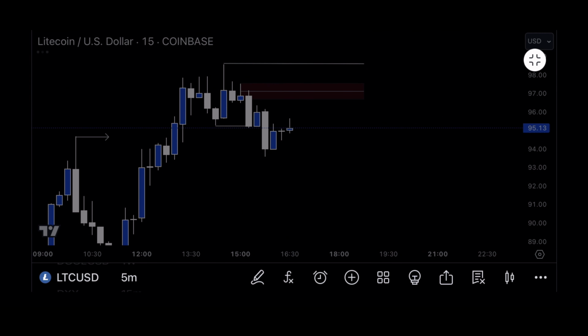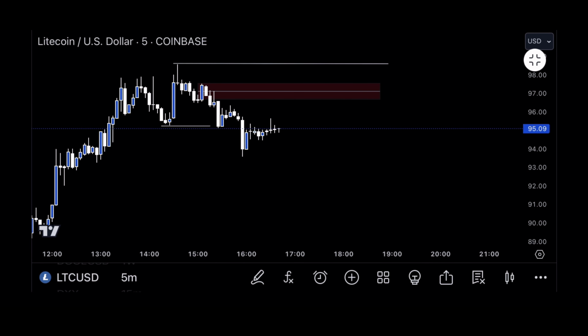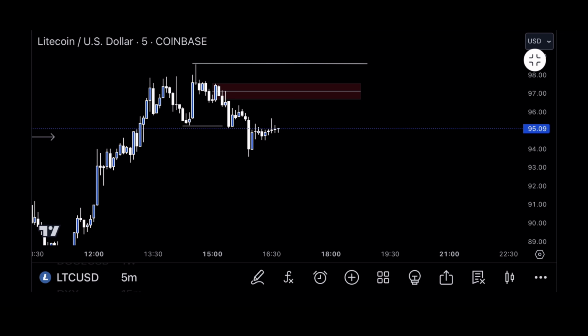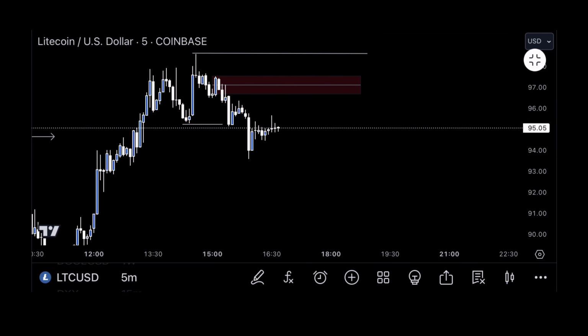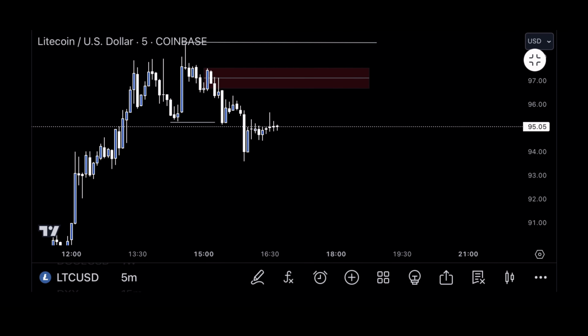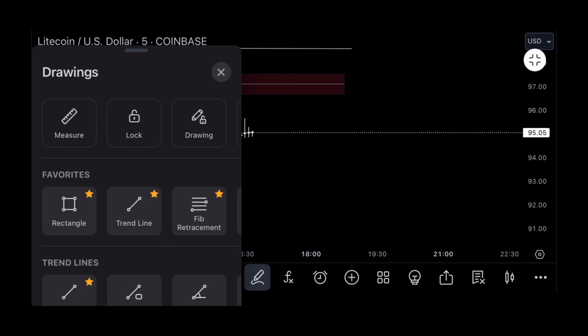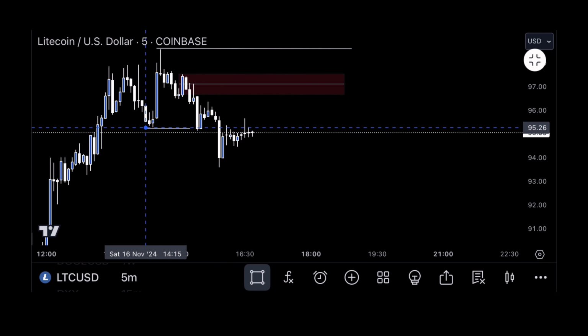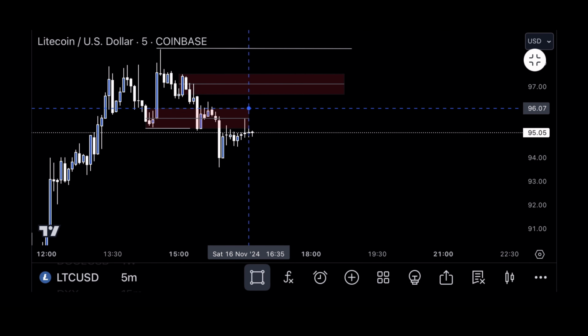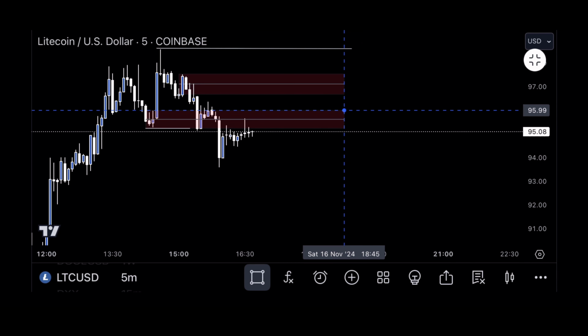Switch down to the 5 minutes time frame for more clear details. As we can see, I'm seeing a clear flip zone, a demand that turned into a supply flip zone.